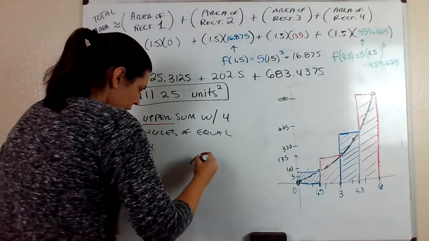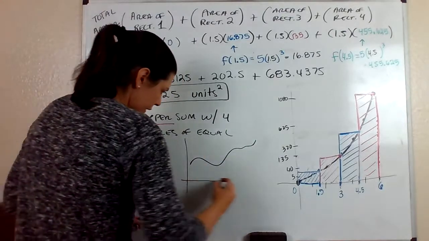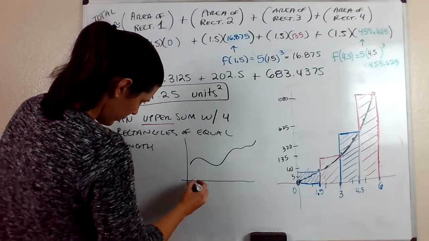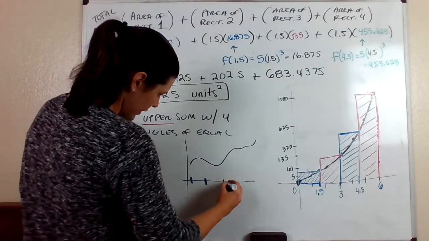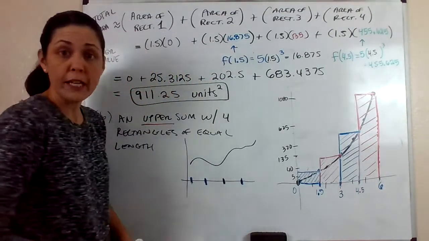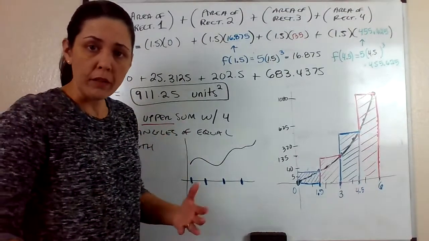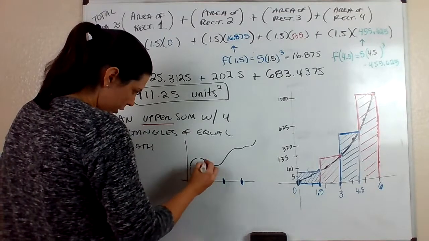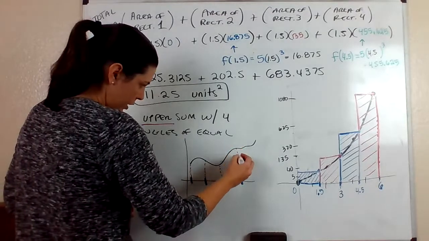Let's say your curve did something like this, and your intervals were like, maybe, let's say your interval went from here to here, and here to here. Okay, just a side note for us. If I was told to pick the upper part of this one, the upper sum, let me just sort of draw the edges for you to see. That would be 1 rectangle, 1 rectangle, 1 rectangle.